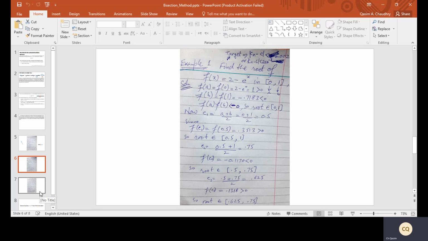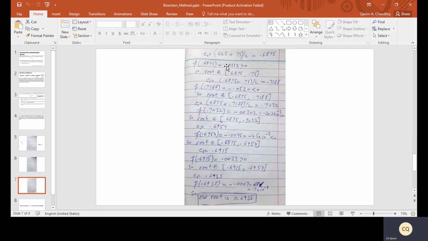So let's continue, students. c4 is again making the half interval, so the middle value is 0.6875, and this is positive. At 0.75 this was negative, so the root lies between this interval.